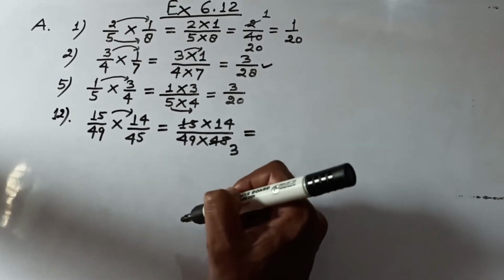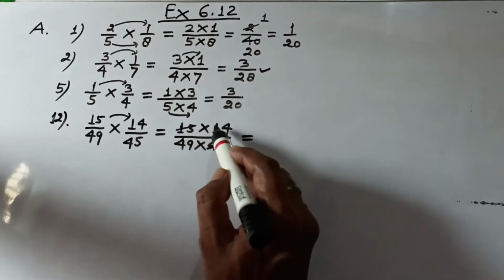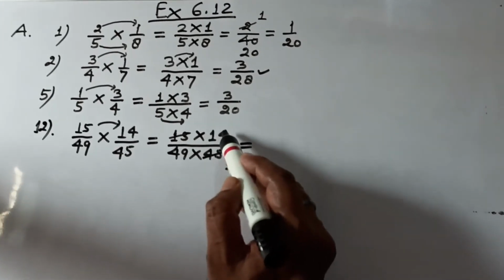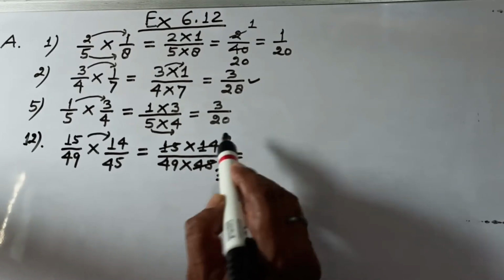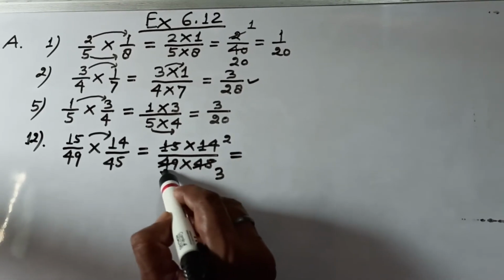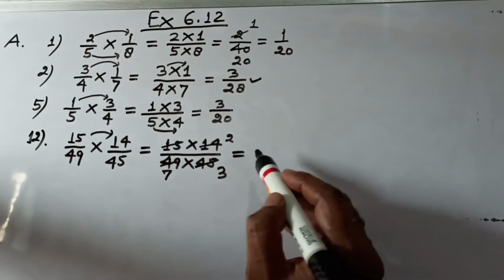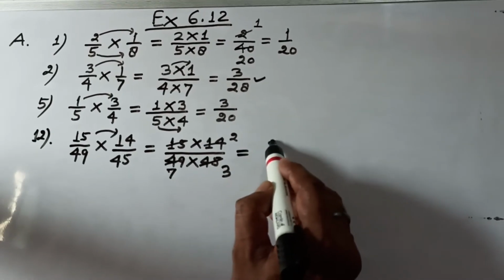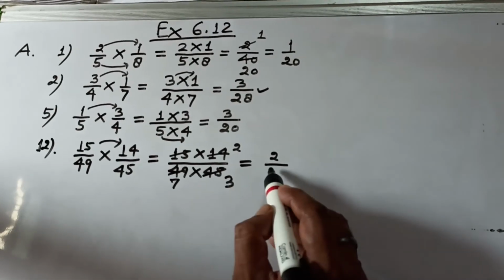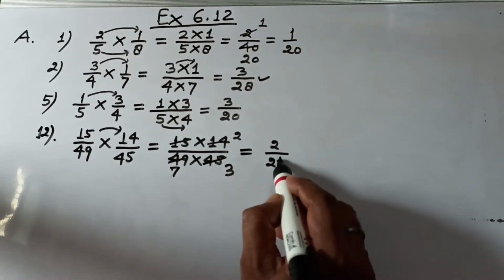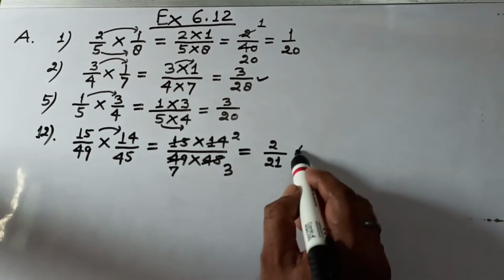So 3 here. 7 can divide 14 and 49 also. So 7 2s are 14, 7 7s are 49. So in this way 2 upon 7 into 3, 7 3s are 21. So this is your answer.